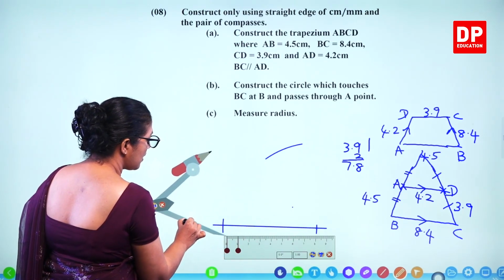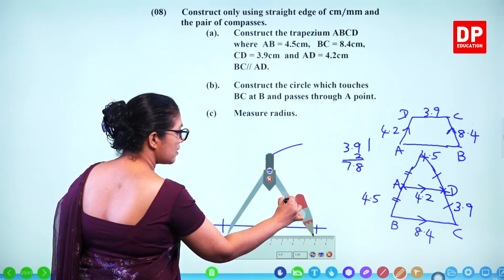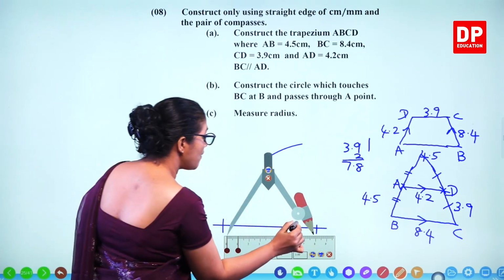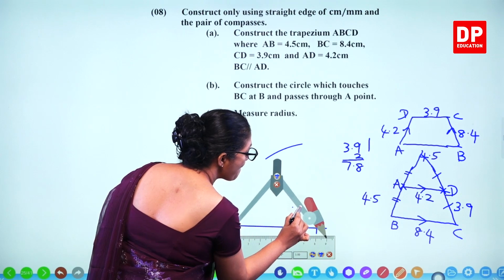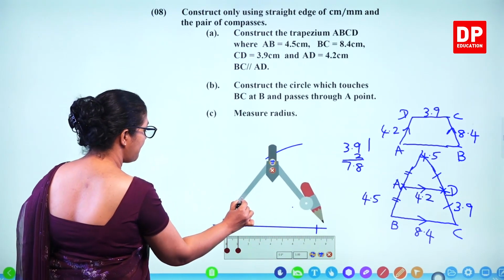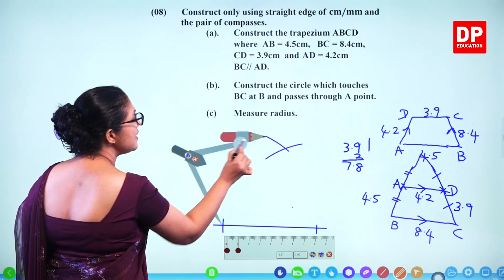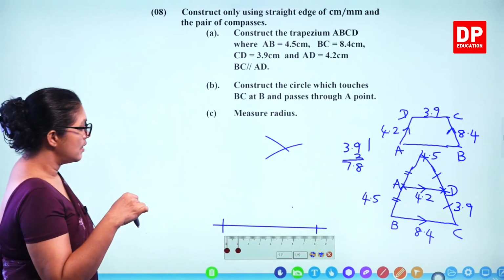So keep the ruler and the compass together and find out 9 centimeters. 9 is here. Now you can keep it here and mark the point. So that's the intersecting point. So we took that one.